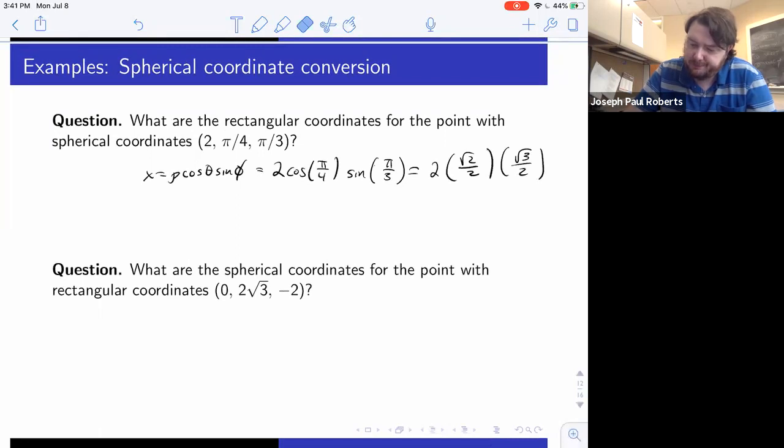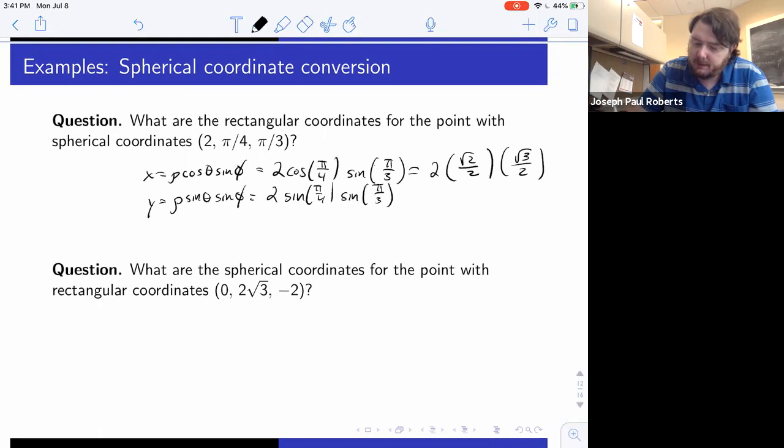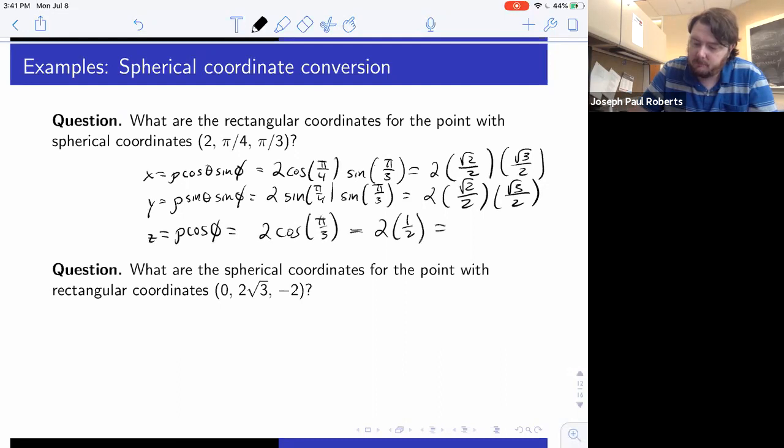Just some number. y is rho sine theta sine phi, so 2 sine pi over 4 sine pi over 3. Sine of pi over 4 is also root 2 over 2, so you get the same exact thing. And then z is rho cosine phi, so 2 cosine of pi over 3. Cosine of pi over 3 is a half, so you end up getting 1. So converting spherical into rectangular, you literally just use those equations.